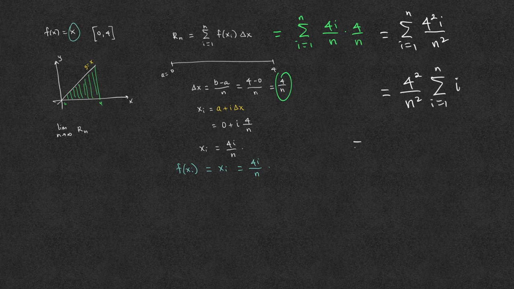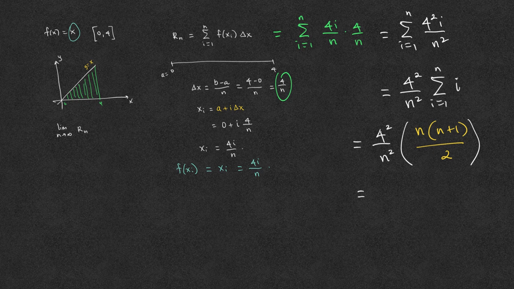But then recall that the sum as i goes from 1 to n of i is simply the sum of the first n integers, 1 plus 2 plus 3 plus 4 all the way to n. And that sum is n times n plus 1 over 2. Refer to the list of the sum of the first n integers, the first n squared, the first n cubed from the notes.